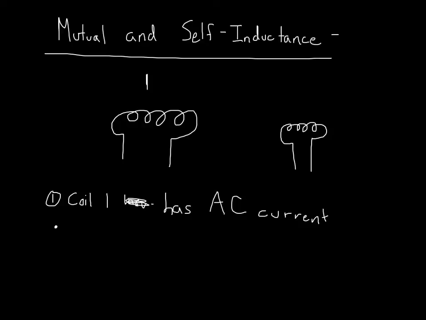So if I have AC current, that means the current I is changing. If the current changes, then that means the B field changes. And if the B field changes, that means that the flux changes. So if flux changes, we have induced EMF.